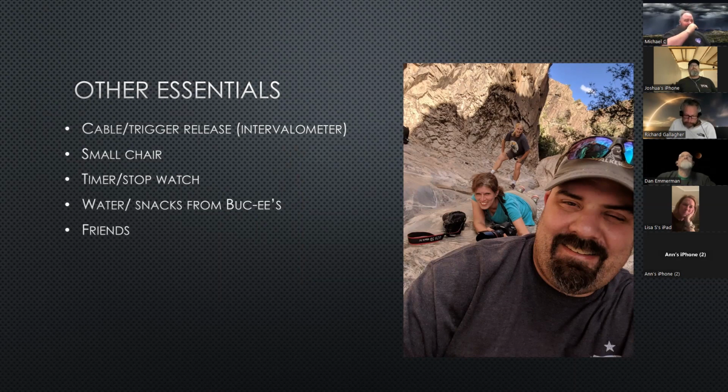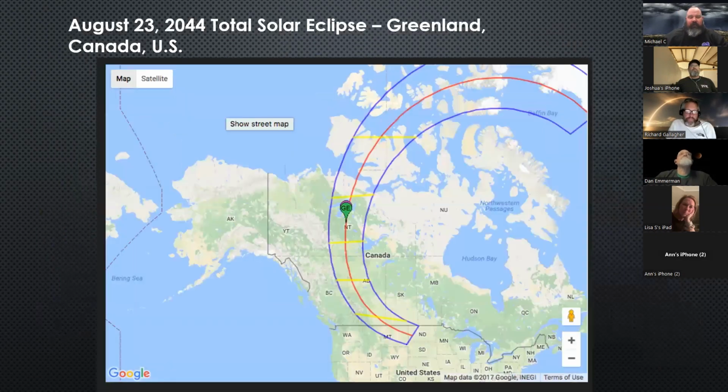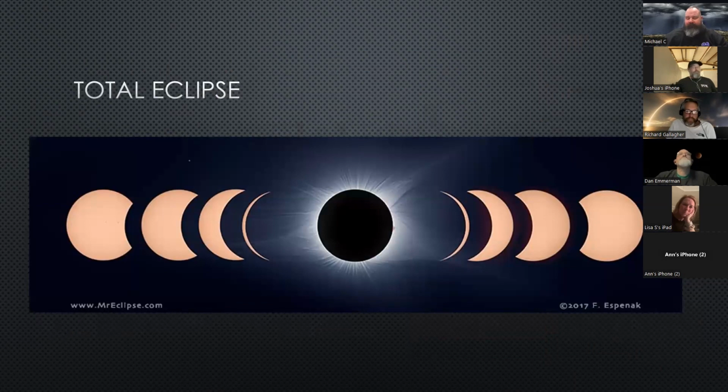So I end up sitting on the ground, which is no big deal, but it's more comfortable sitting in a chair. Make sure you have a good timer or a stopwatch, or you have your phone set, especially if you're wanting to do a shot where you're doing a composite, so that you can have it evenly spaced.